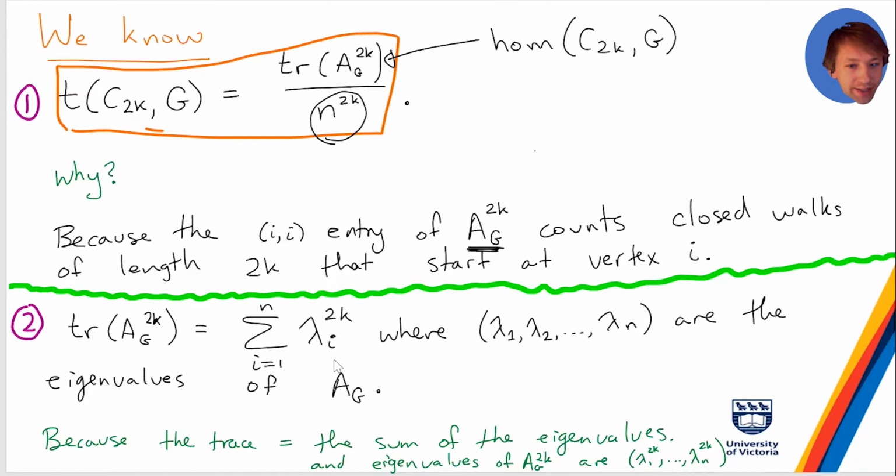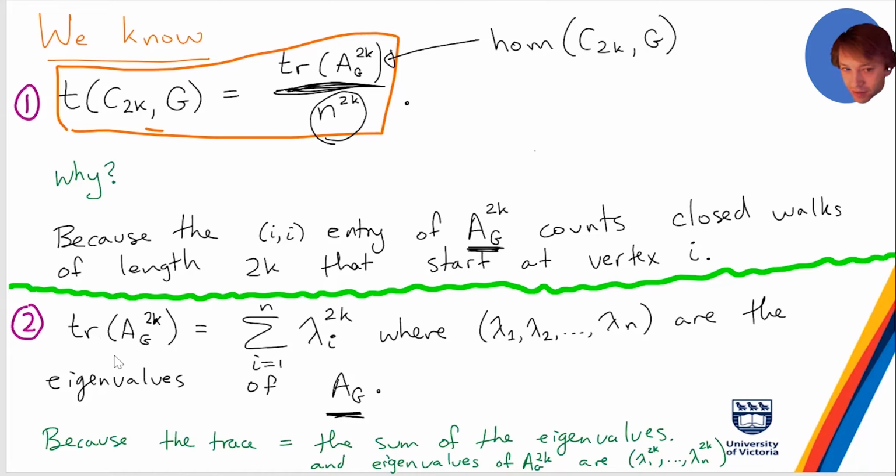And then we said the second thing, and this was all facts about linear algebra. So the trace of this 2kth power, which is the numerator that we're interested in here, is just the sum of the 2kth powers of the eigenvalues, where lambda 1 up to lambda n are the eigenvalues of the adjacency matrix.